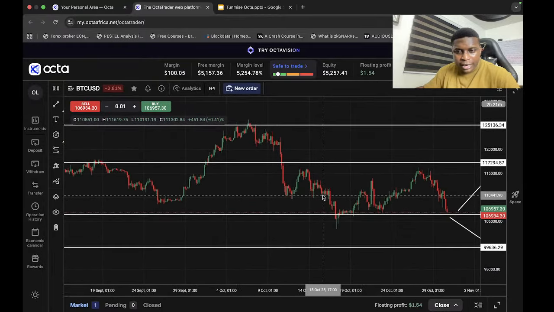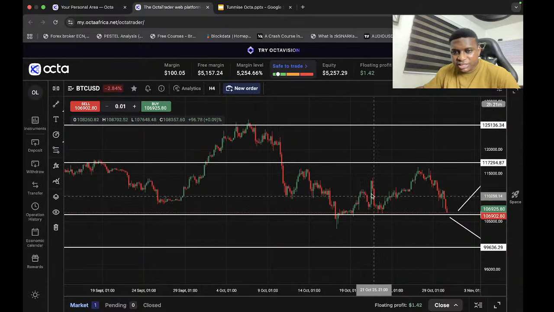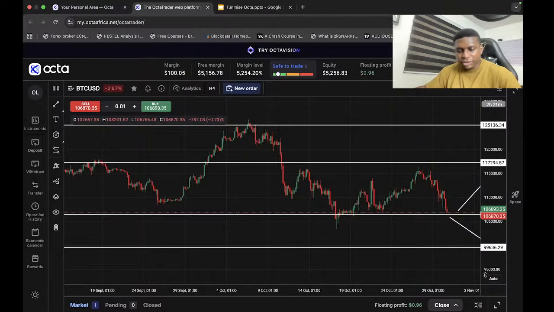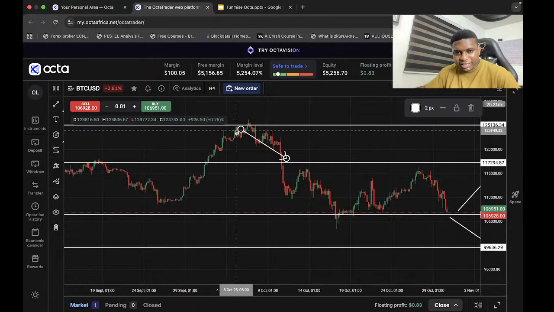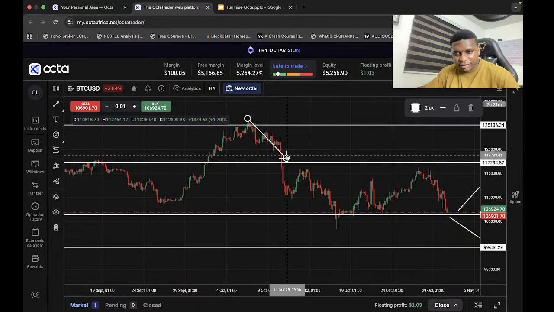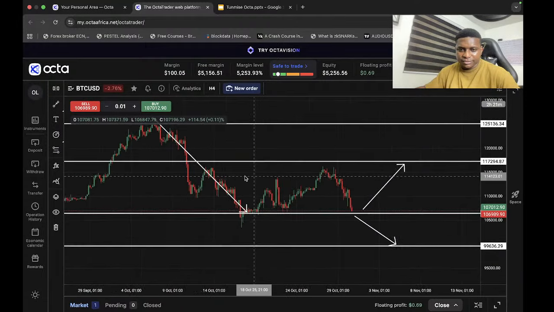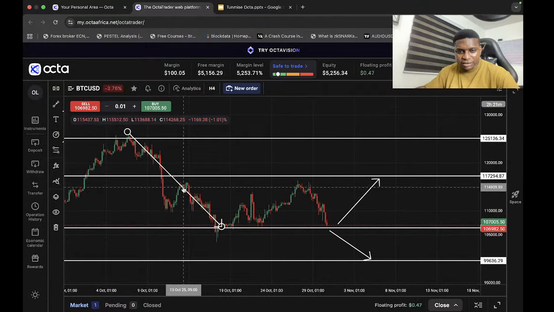The last time we saw a momentum like this, it continued. If you are observant, you see this pattern is similar, and we can see how it continued down to this level.